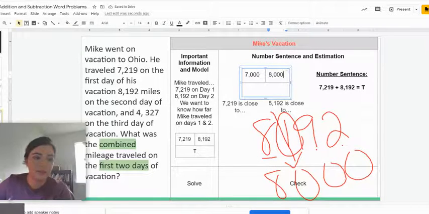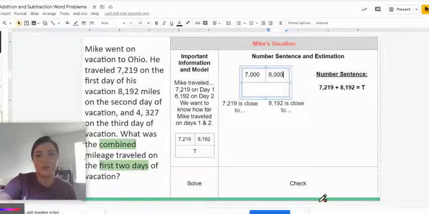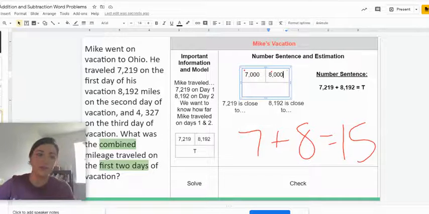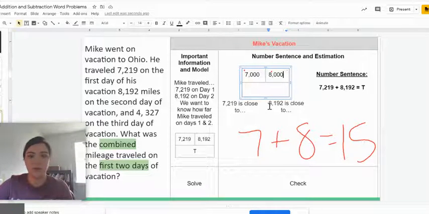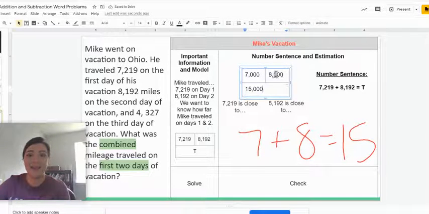And then I can add 7,000 and 8,000. I know 7 plus 8 is going to give me 15. So I'm going to write 15 right here. And how many zeros did it have? 1, 2, 3. So 7,000 plus 8,000 is going to give us 15,000.